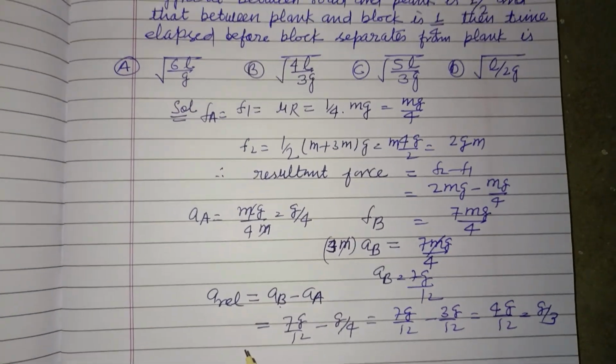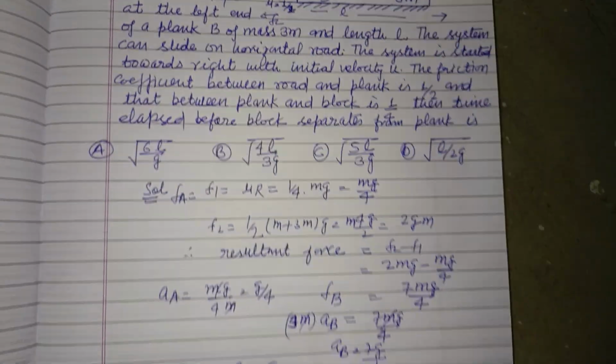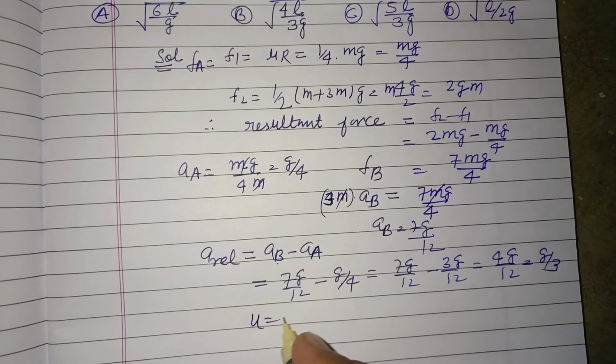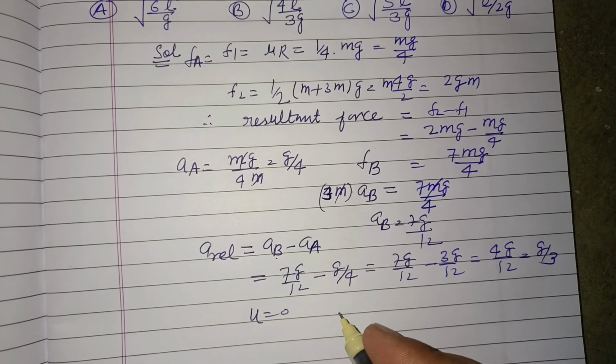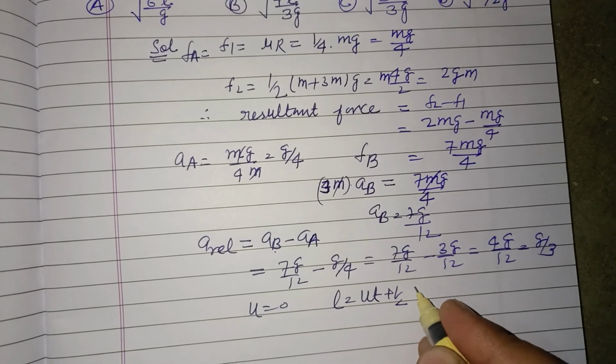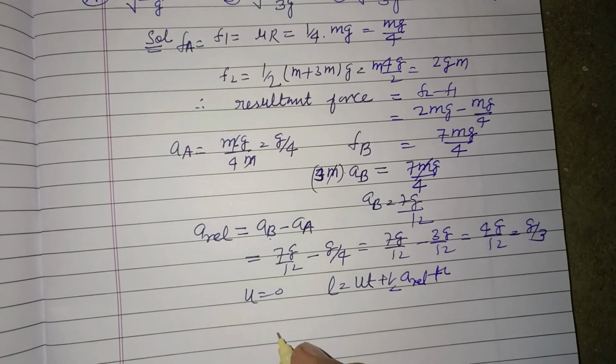And with this acceleration, the block covers a distance of L. The initial relative velocity is 0, and L equals ut plus half a_relative t squared.